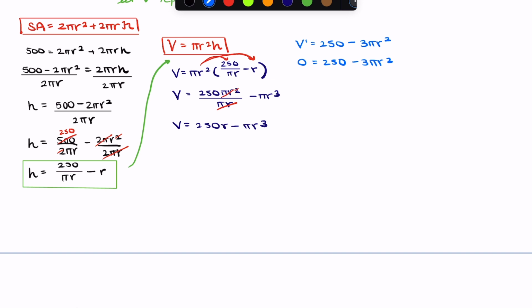We'll move the 3 pi r squared to the other side, so 3 pi r squared is equal to 250, and r squared is equal to 250 over 3 pi. Therefore, r is equal to the square root of 250 over 3 pi, which is approximately 5.15 centimeters.